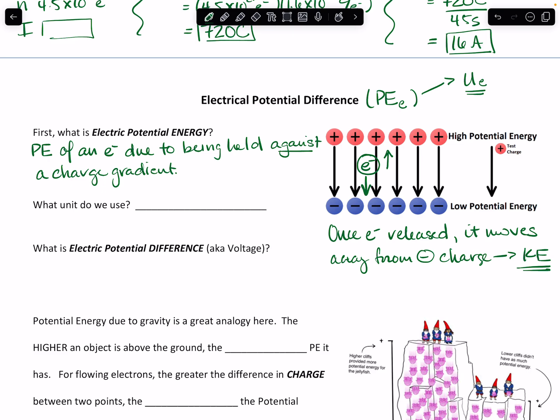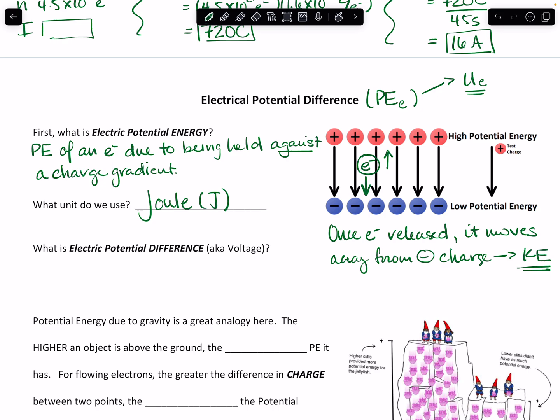So similar to our gravitational potential energy. Once you release something held above the ground, that potential energy due to gravity gets converted into kinetic energy as it falls. Same thing here. I have potential energy due to a difference in charge. Once I release the electron, it wants to move towards that positive area, and that potential becomes kinetic. All right, now the unit we use, same thing as we've used before for energy, it's the joule.